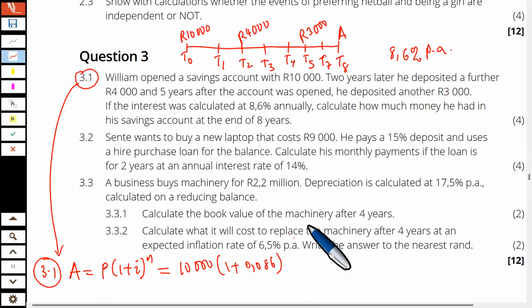It was in the first 2 years, this 10,000. Simultaneously at this time, he adds another 4,000.